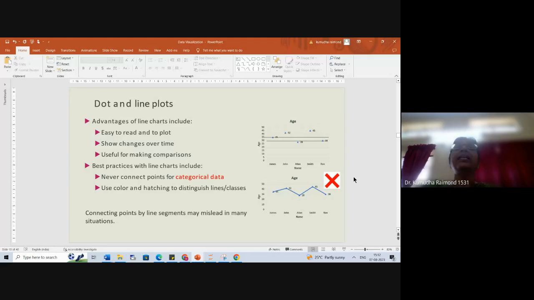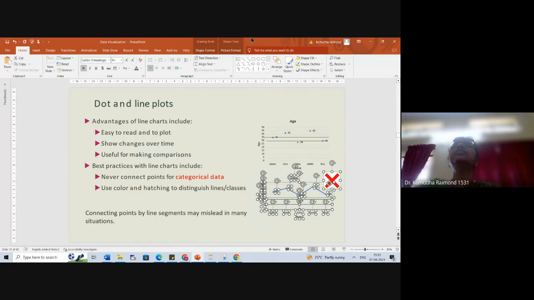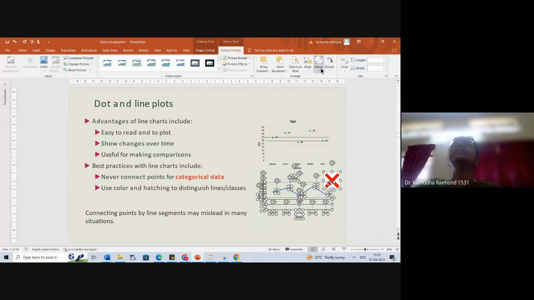And one very important thing: never connect points for categorical data. For example, here, as you may be seeing, there are names.